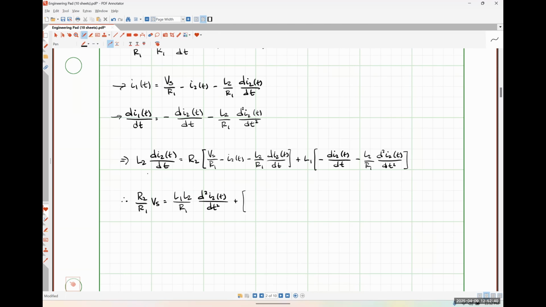So I can see over here, I've just got a factor of L2. Then from this term right here, I'm going to have an L2 times R2 over R1. And from this term right here, I'm going to have just an L1. And I think the only thing I have left is just plus R2 times I2.